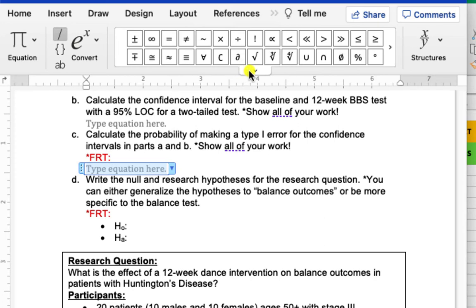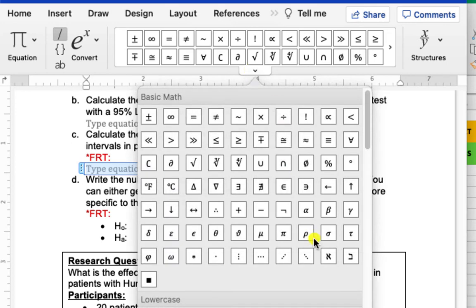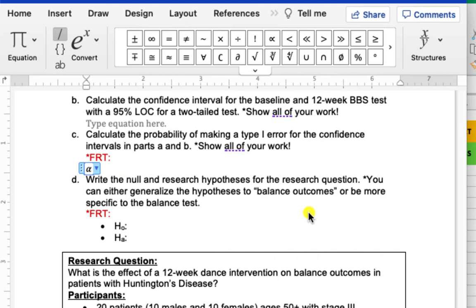And when we're calculating type 1 error, we typically can denote type 1 error as alpha. So I'll just insert an alpha symbol. And that will be equal to 100%. I have a bit of a lag, I'm sorry. 100%, there we go, minus the level of confidence.